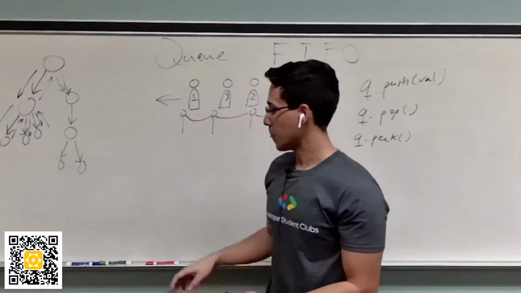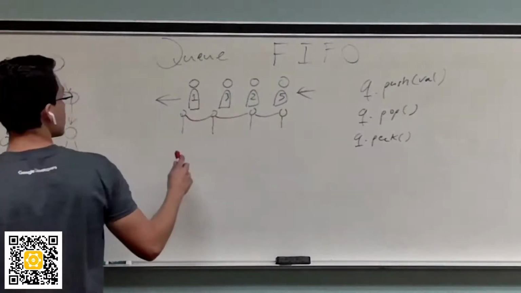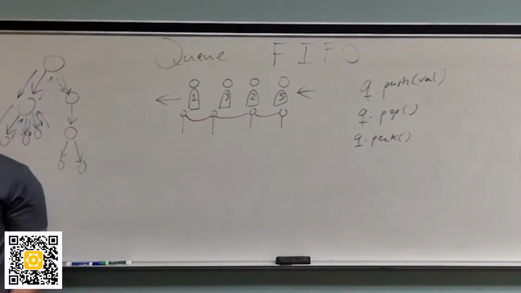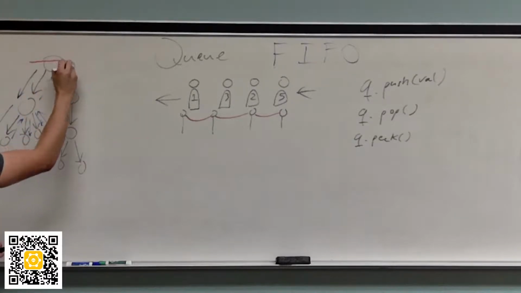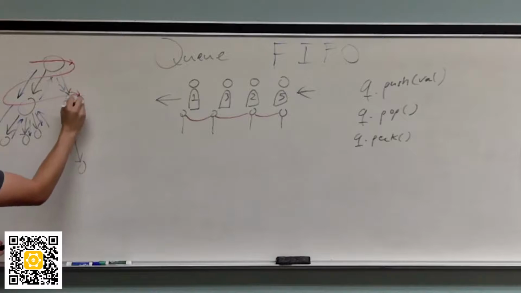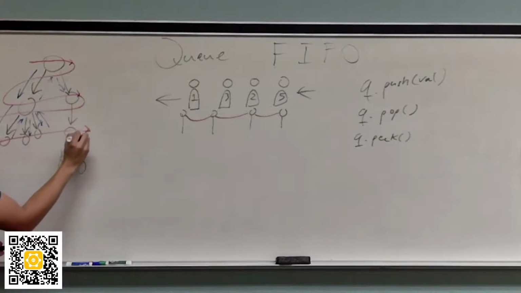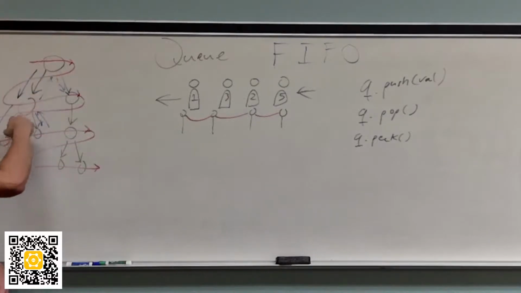So basically, in BFS, the path, I will put it in red, goes like this. Do you see the difference between how we did DFS and here in BFS? You're going by level. So how does this work?